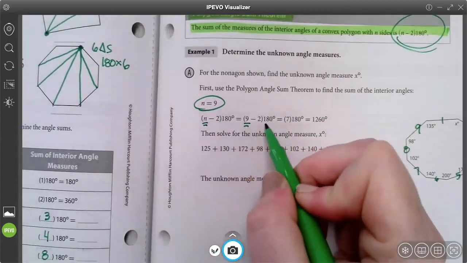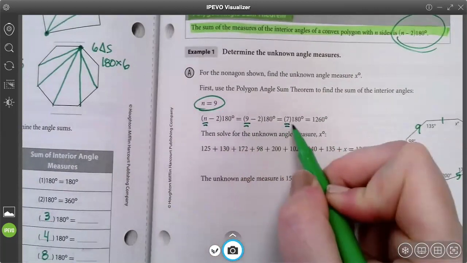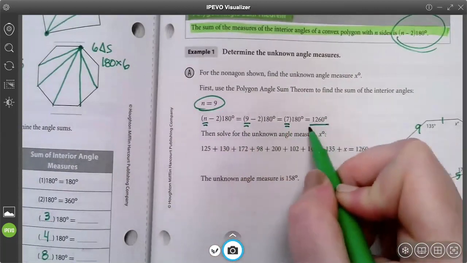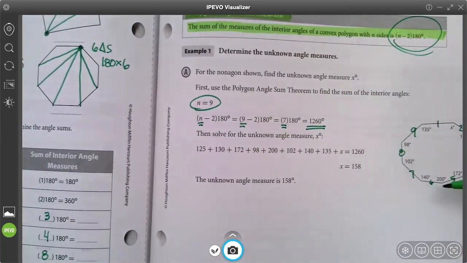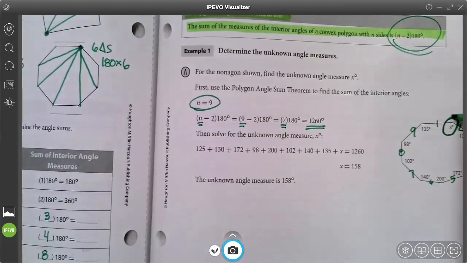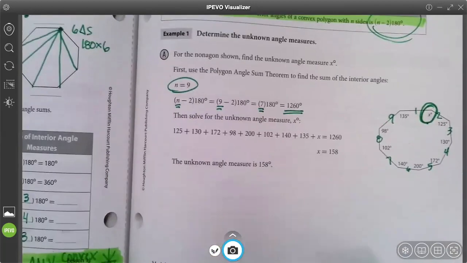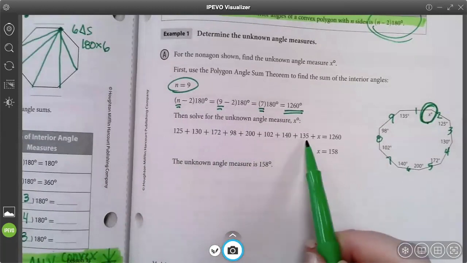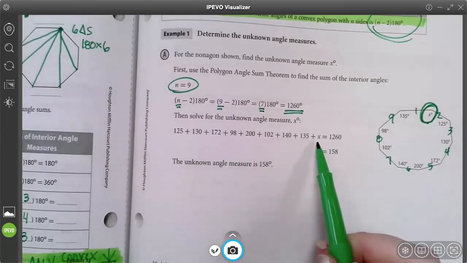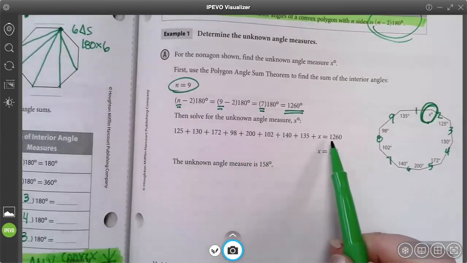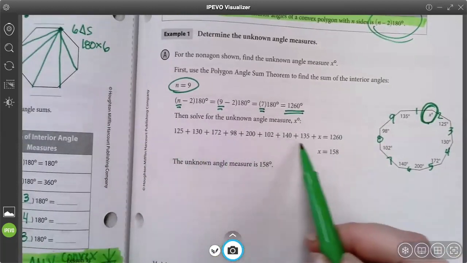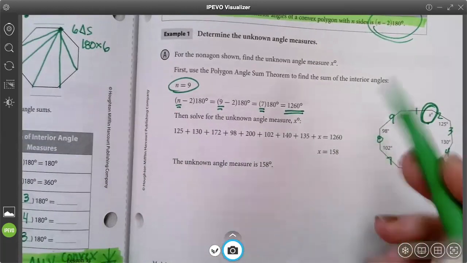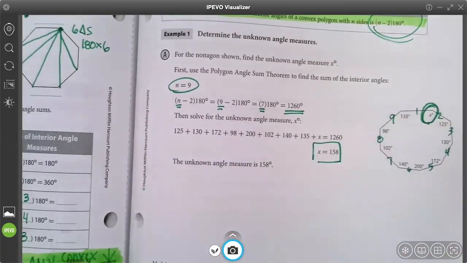So 9 minus 2 is 7, and 7 times 180 is 1,260 degrees total in the entire thing. So if we're trying to find this little missing angle up here, you're going to take all of the known angles and add them up, plus our missing angle, and set it equal to 1,260. Okay, and so you're going to subtract all of these from 1,260, and that leaves you with a missing angle of 58 degrees.